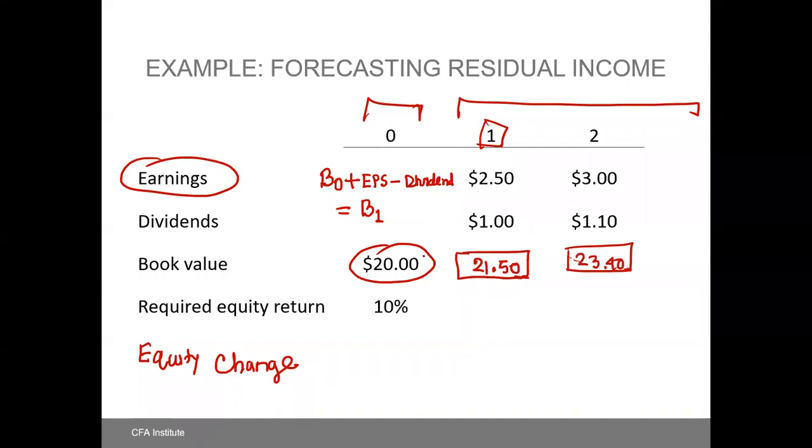I'm just showing you the calculation of how book value works.